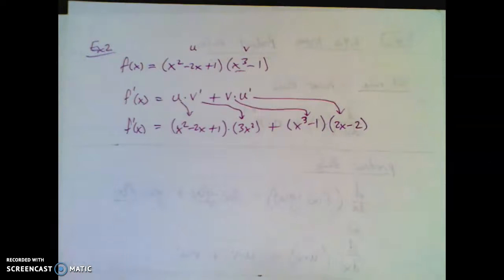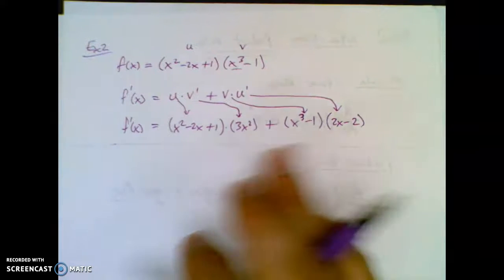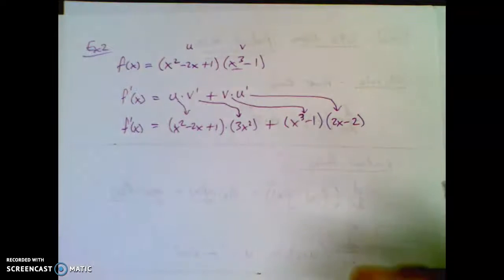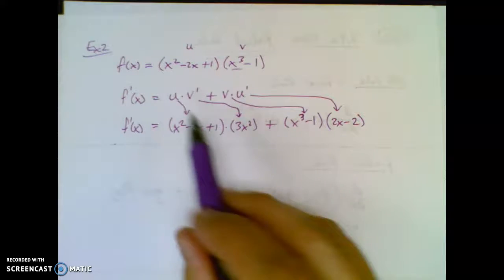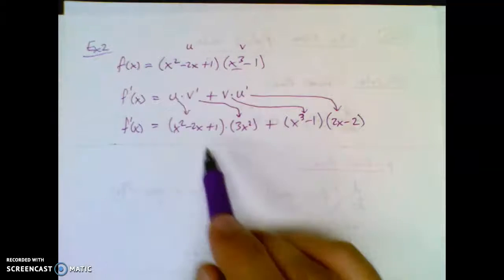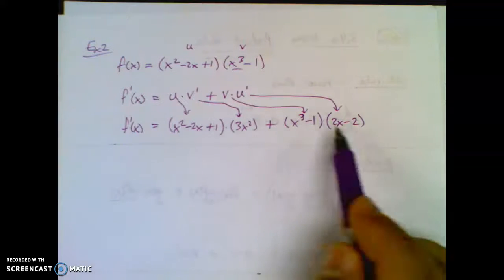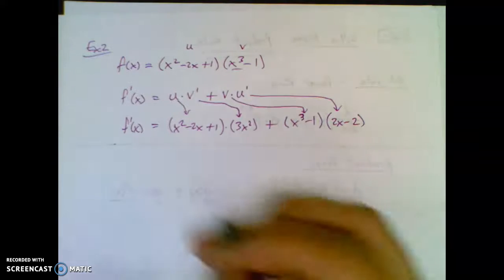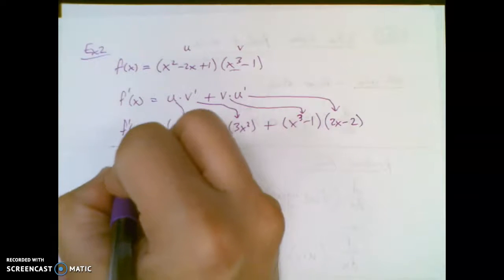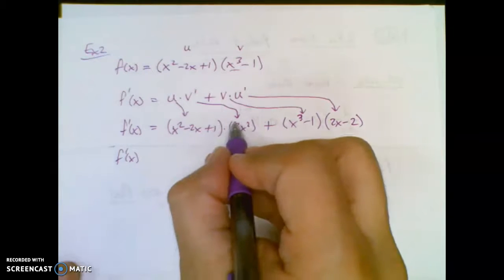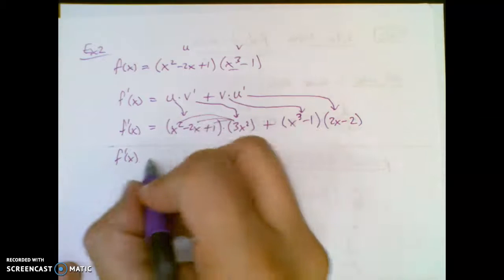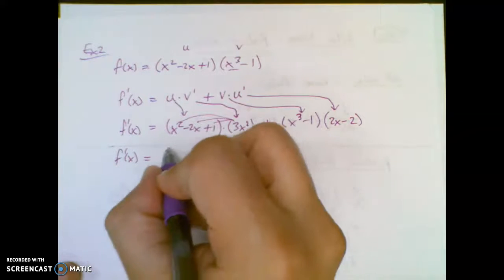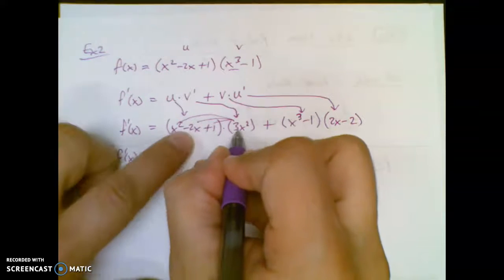Now, if I asked you to find the slope when x equals 1 for this graph, you could just plug a 1 in here, here, and get the slope. Sometimes I'll ask you to simplify, and then I'll want you to actually distribute it out. So that would be 3x to the 4th.